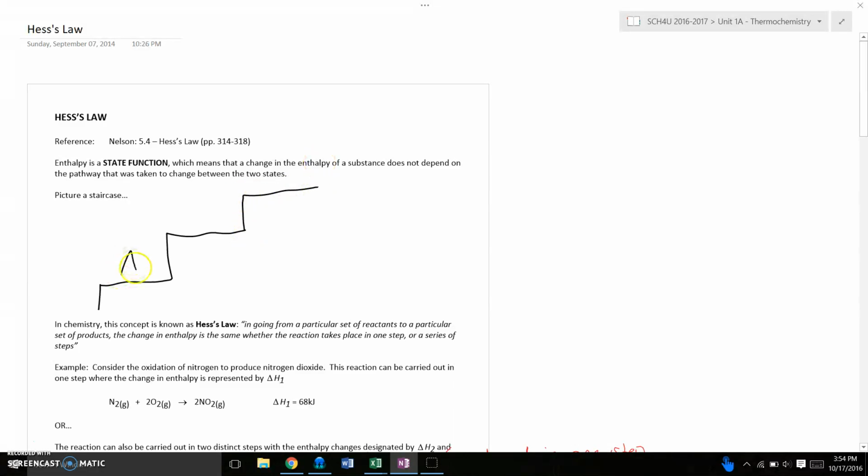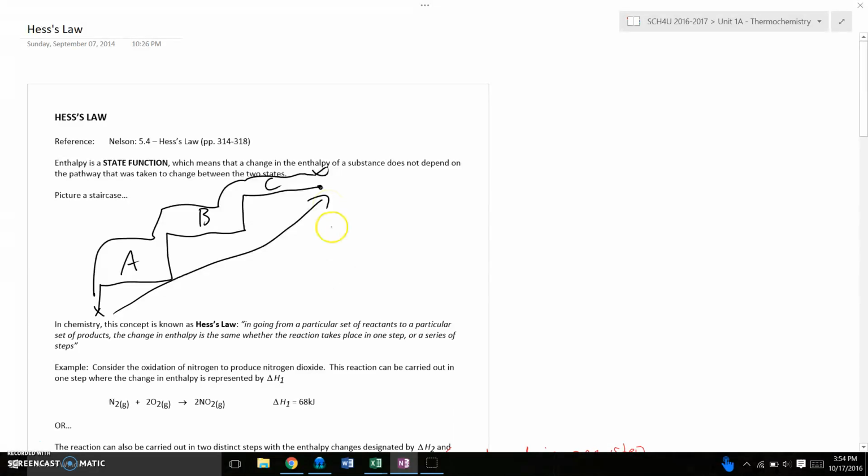Okay, if we have 3 steps, and our goal is to get from here, part 1, to the top here at C, it doesn't matter whether we take the steps to get here or whether we take a straight line, right?